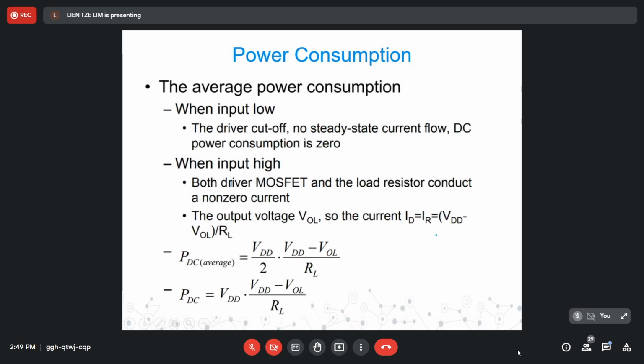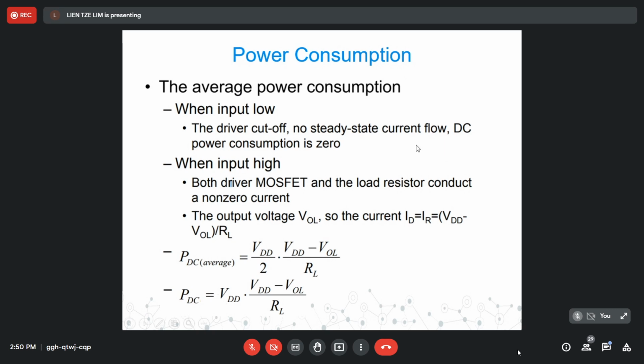Okay, now I will cover power consumption. Power consumption is about DC power consumption. There is also an average DC power consumption. We consider it when the input is low and also when the input is high.